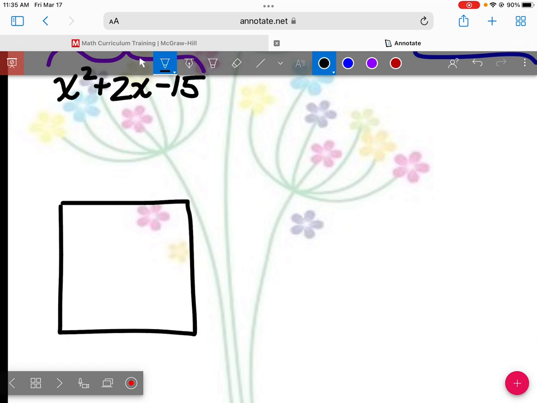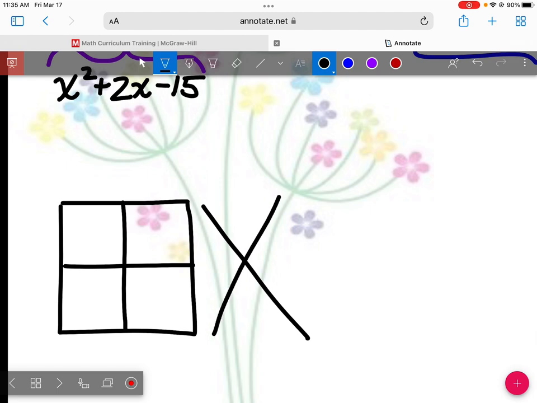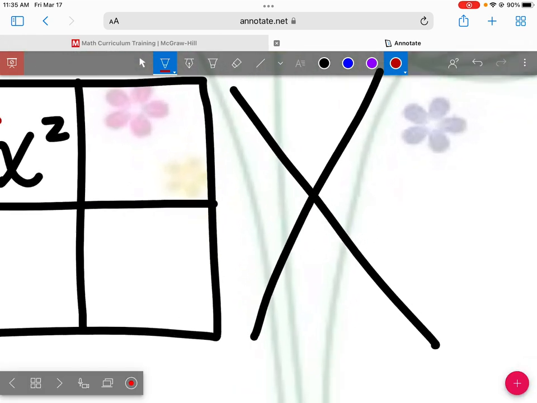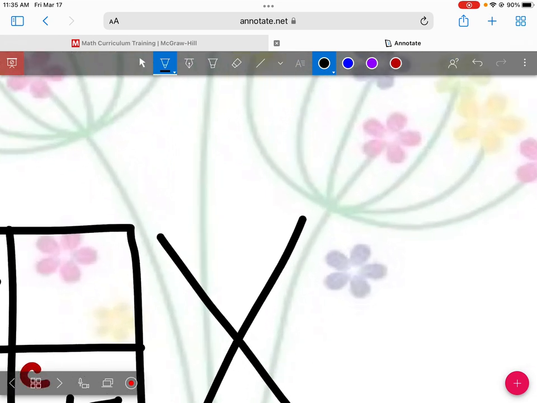All right, so that means it's time for area model and x. What goes in the upper left? X squared. What goes in the lower right? Negative 15. Then I come over to the x. What goes up on top?